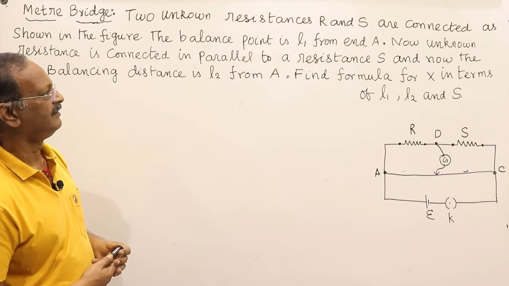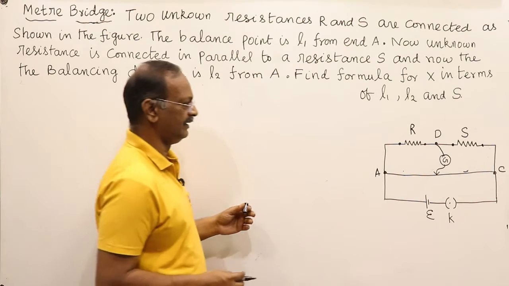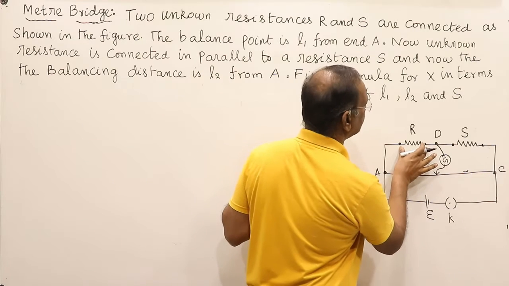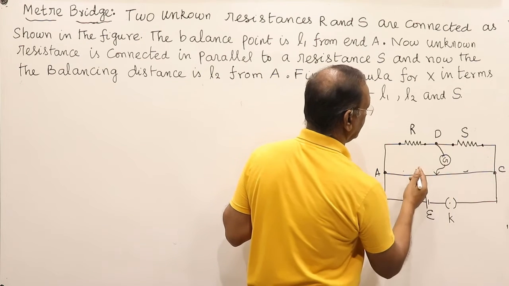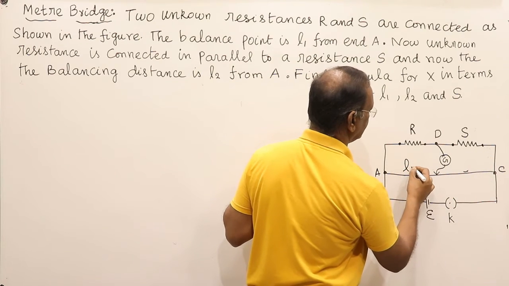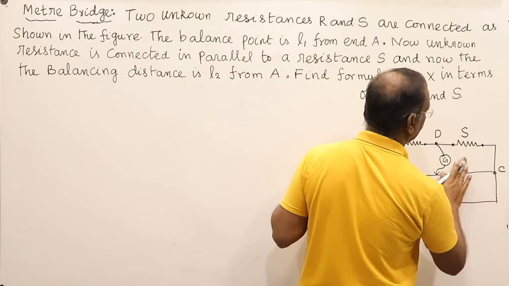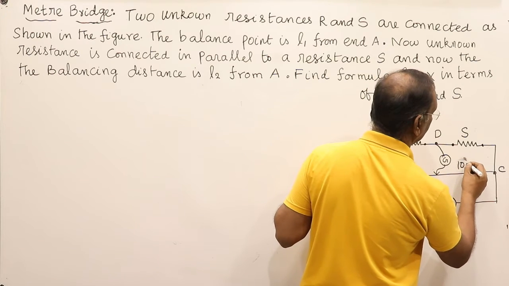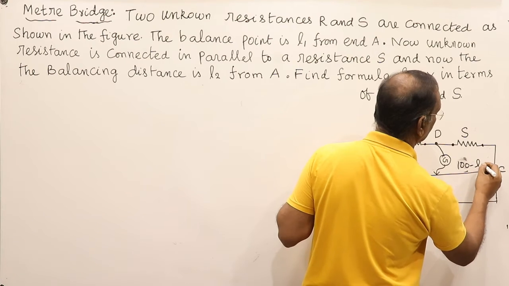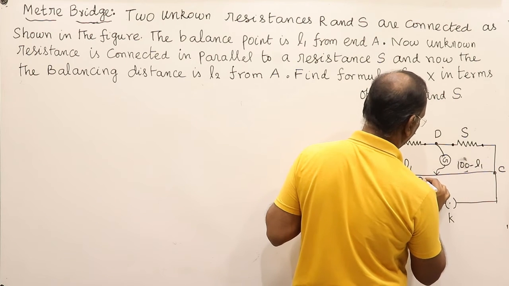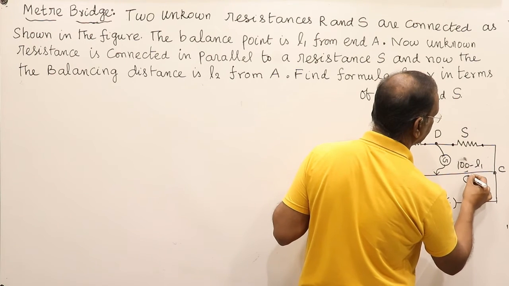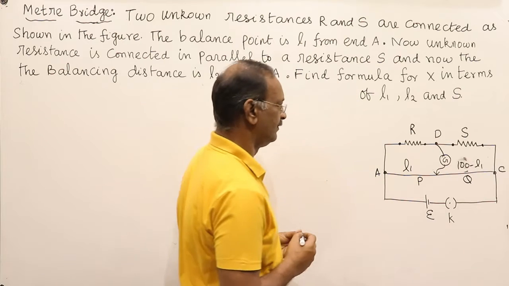The balance point is L1 from the point A. See, this is one gap, this is another gap. The balance point for the first one is L1, and this will be 100 minus L1, because this will act as resistance P, and this will act as resistance Q.